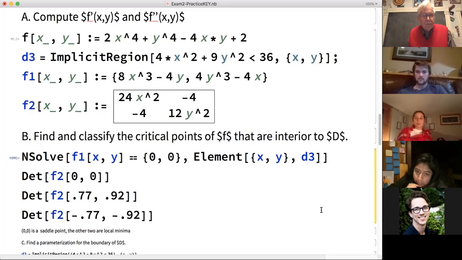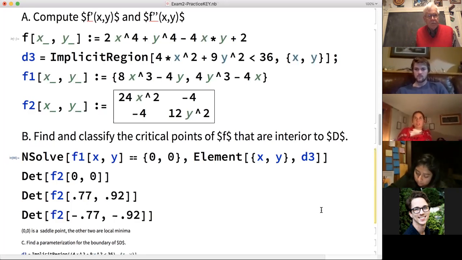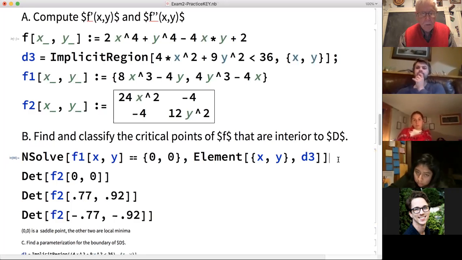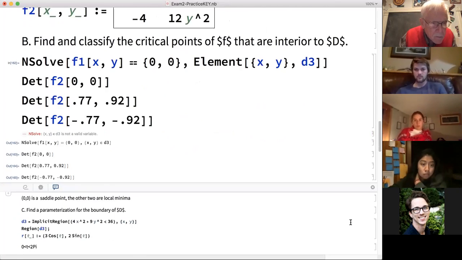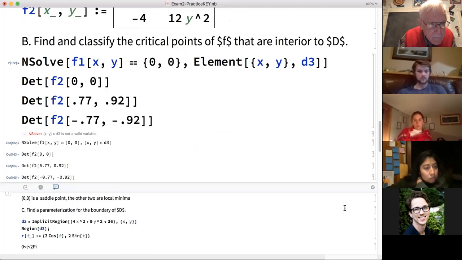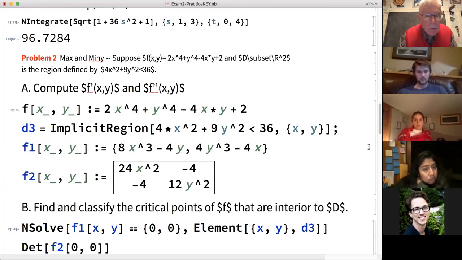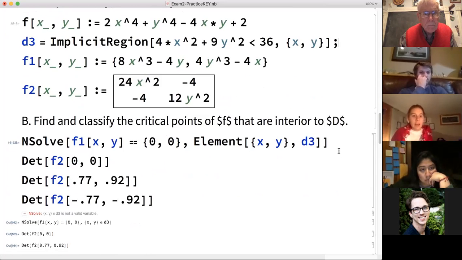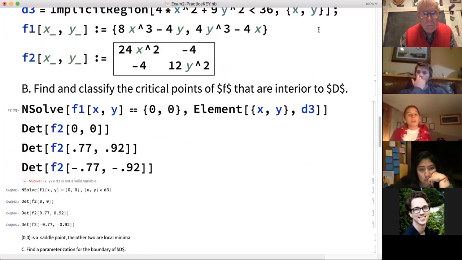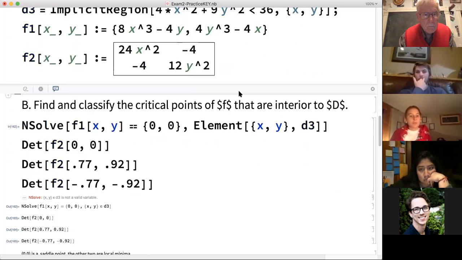Can you just set it equal to 0 and then visually see which ones are in D3, or do you want the code within D3? Let's just take a look. I must not have entered something here. I'm just saying that if you just set the derivative equal to 0, you get probably a set of 10 to 12 points.